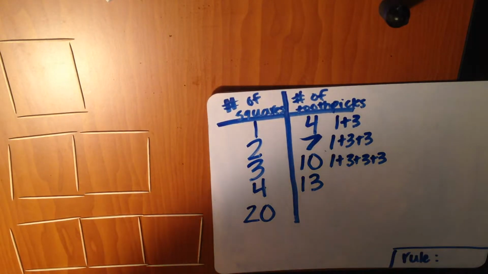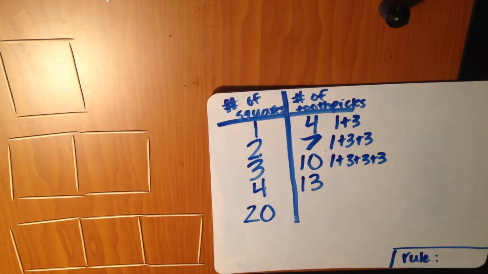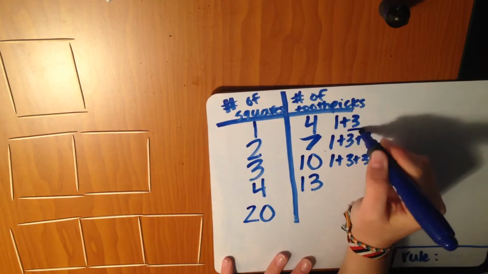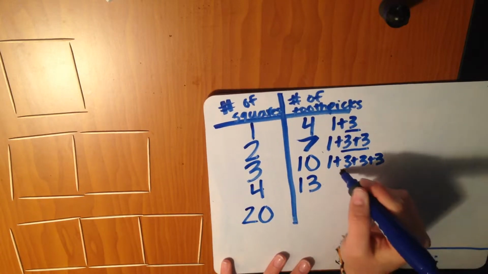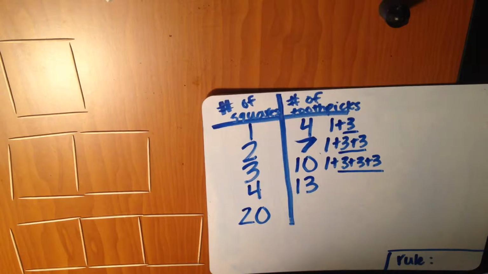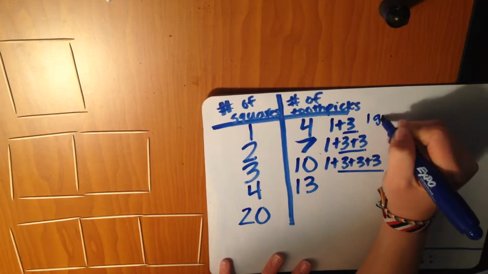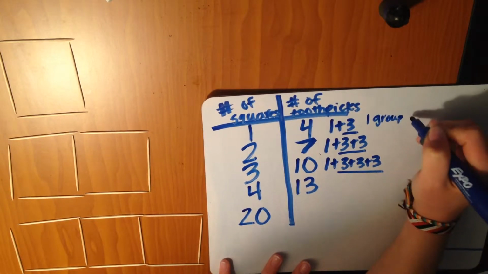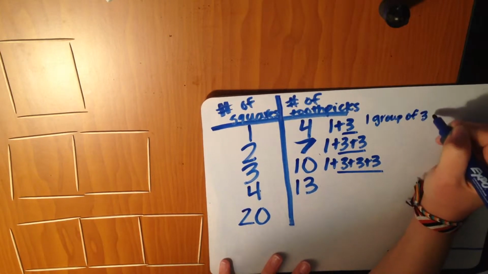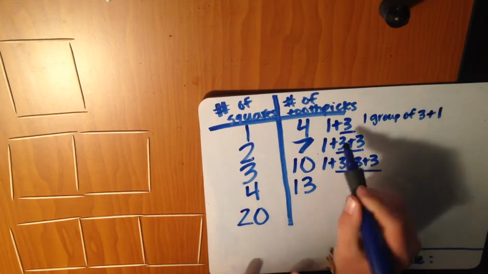Alright, so let's look at this for a second. What I see are groups of 3, so I'm going to underline those groups of 3. Let's write this down. I have 1 group of 3 plus 1, because that's what I have here.